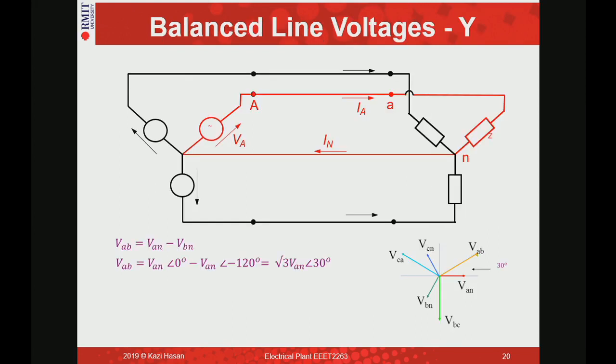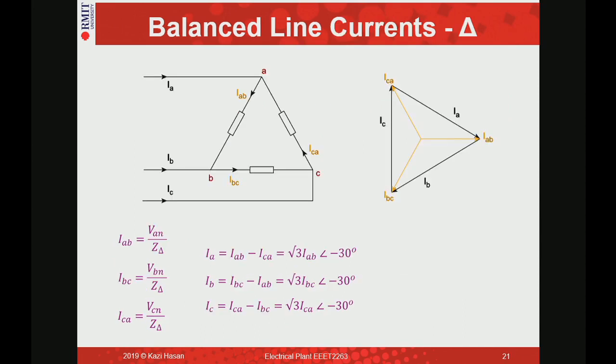Okay, now we have seen that this is actually the relationship between phase voltage and line voltage, √3, and there is an angle of 30 degrees. We have derived that before. So with balanced line voltages, what happens to delta currents?